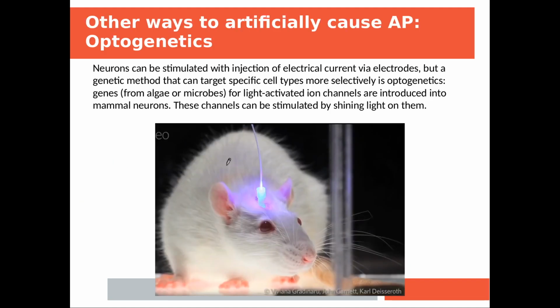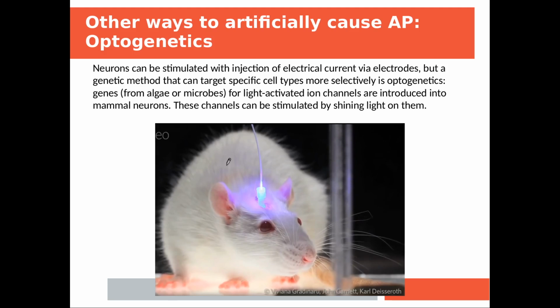Okay, so finally, I'm going to talk about another recent method for inducing action potentials. Historically, the only way we could make action potentials was to electrically stimulate neurons by injecting current with a wire, with an electrode.